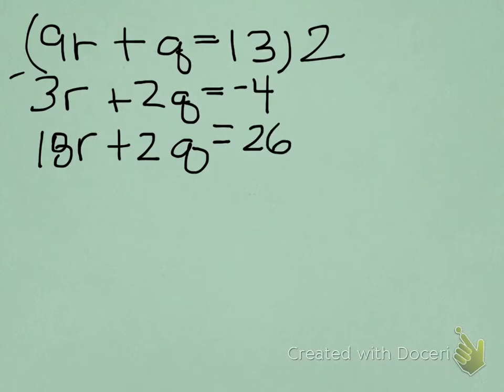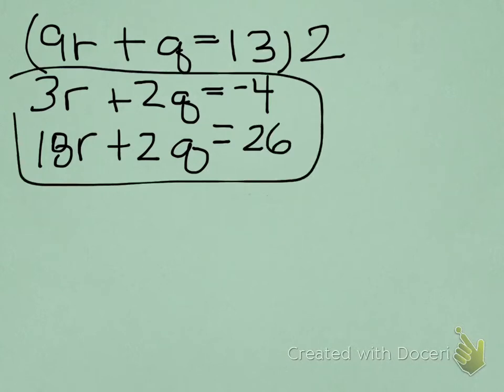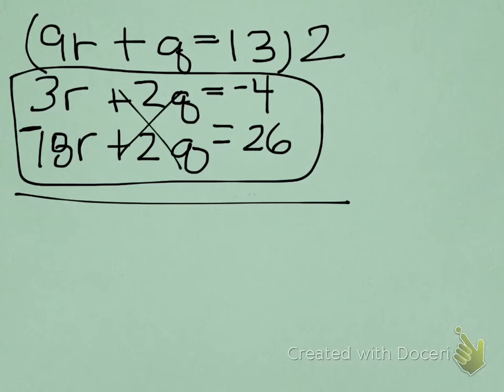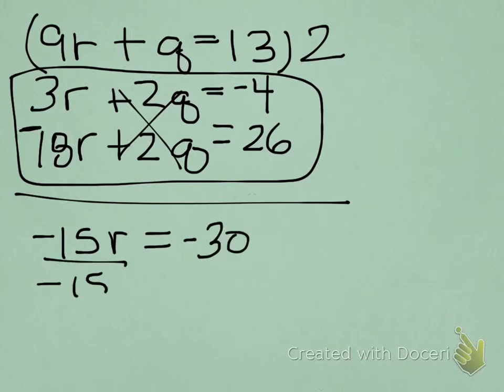And now I'm solving these. So I can subtract. And that cancels out the 2's. So I get negative 15r equals negative 30, and r would be equal to 2.